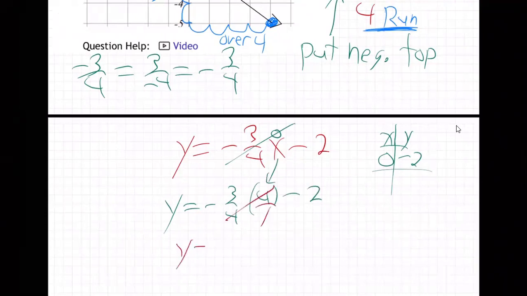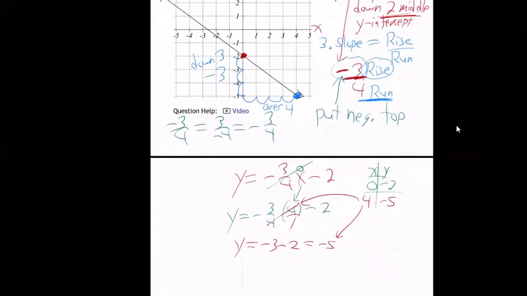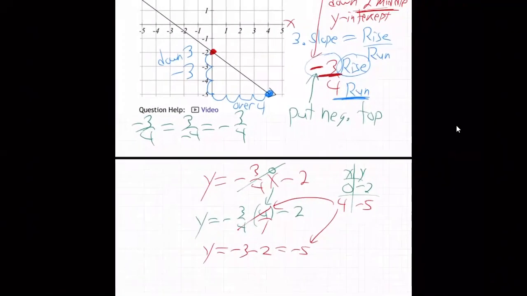These will cross cancel, and you'll have -3 minus 2, which is -5. We plugged in 4 for x, and we got out a y value of -5. So that'll be another point, which in fact is this point, if you notice, over 4 down 5. That is the point over 4 down 5, isn't it? Right from here, over 4 down 5, which is what Carlos is saying. He's right.